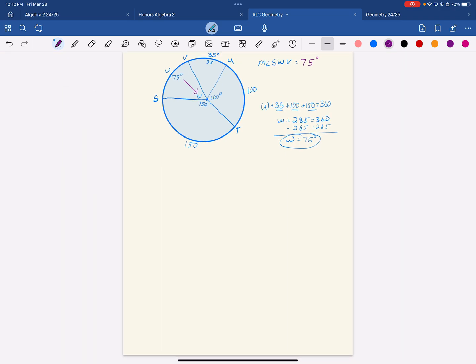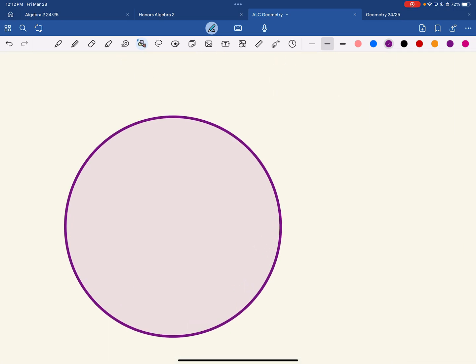Okay, let's look at the next one. Again, we're going to draw another circle. Okay, so we've got a circle that's purple this time.